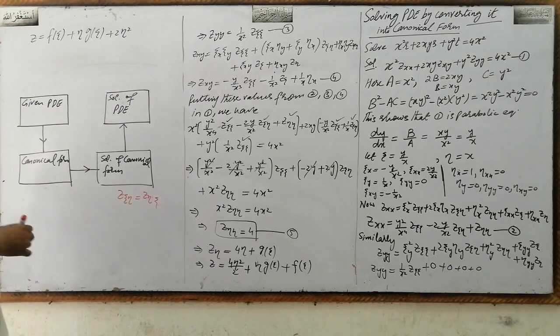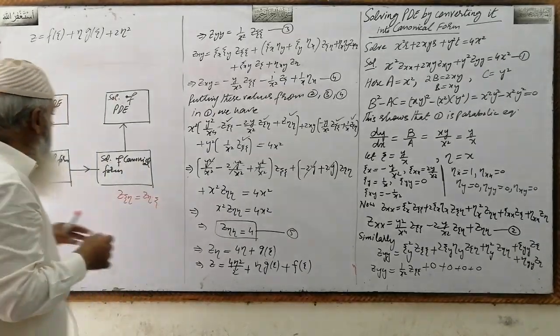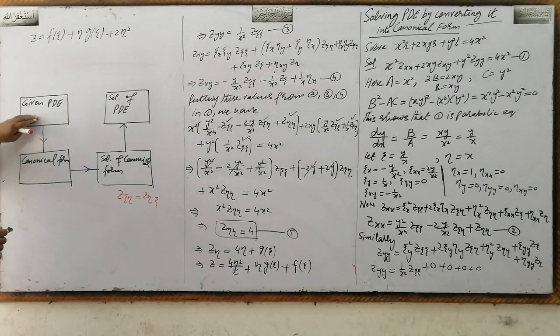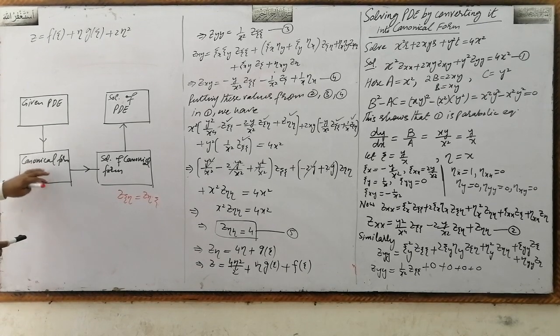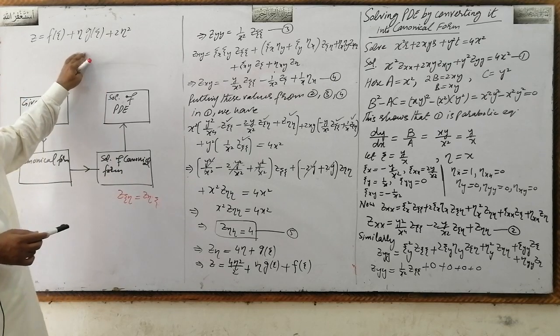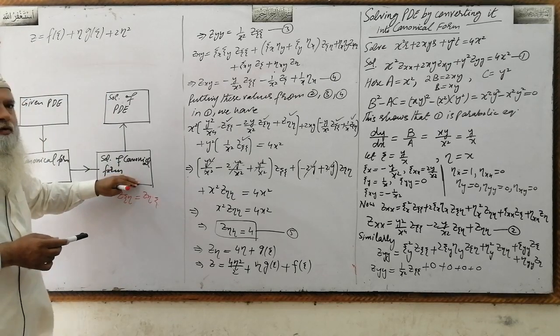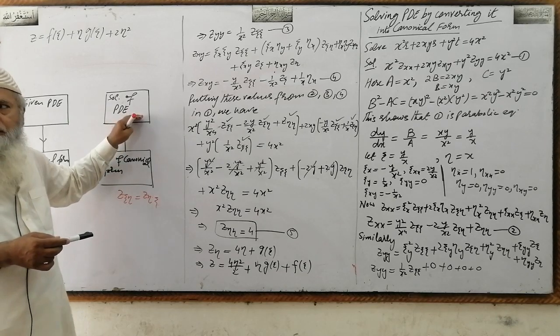We started from this box where we had the original differential equation. We convert it to canonical form and get to this box, and then we solve it. This is the solution of the canonical form. Last step. What is the last step? We are going backward. What can we do here?